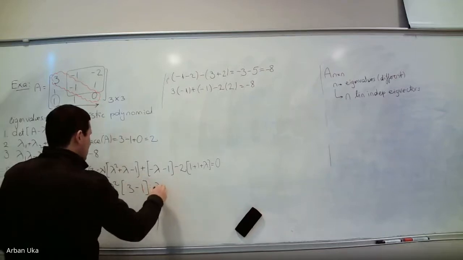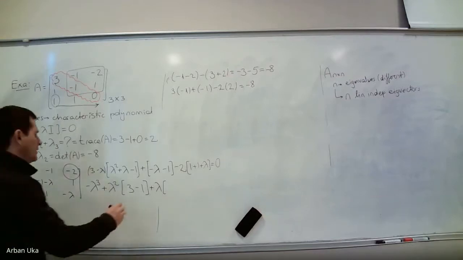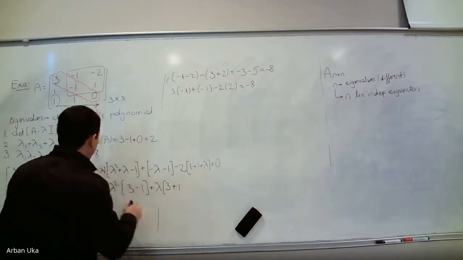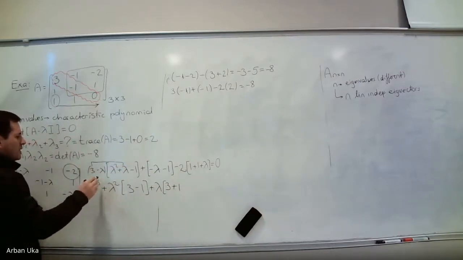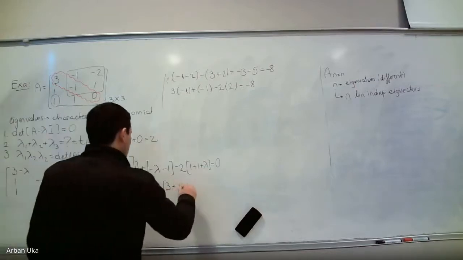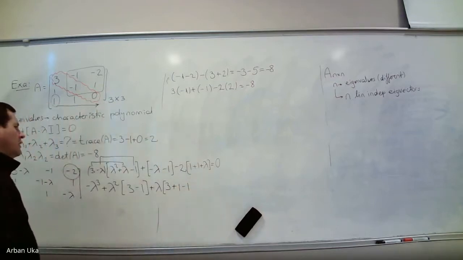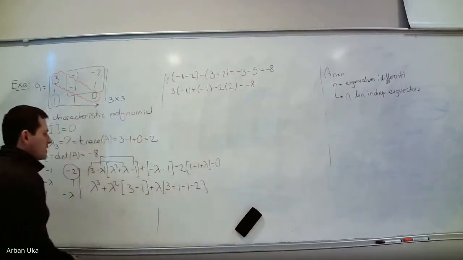Then we get plus lambda times, here the lambda, we get it 3 plus 1. We get 3 because this is 3 lambda, multiplying these two numbers. And we have also this lambda as minus 1. This is 3 plus lambda. Any other lambda that comes up in here. We have minus 1 here. And minus 2, which is coming from this term in here.